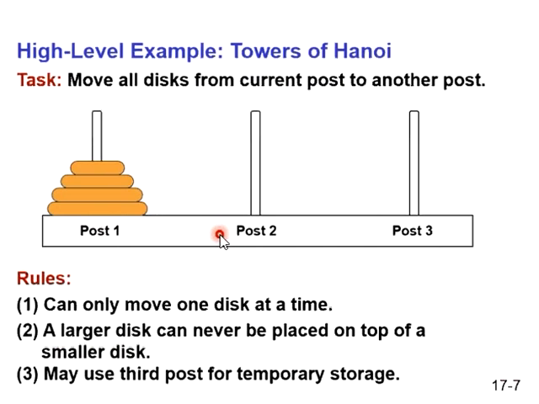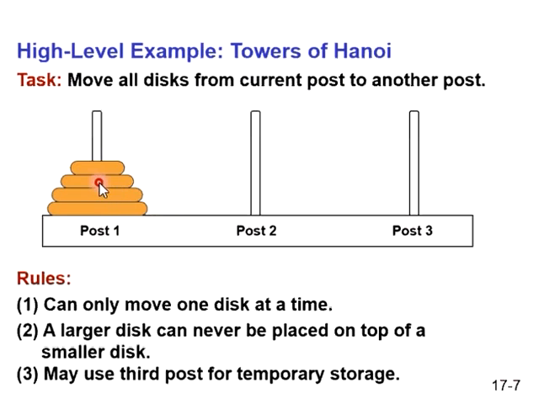Now we go to another high-level example, towers of Hanoi. Our task is to move the disks from the current post to another post. Over here now we have three posts, post 1, 2, and 3.